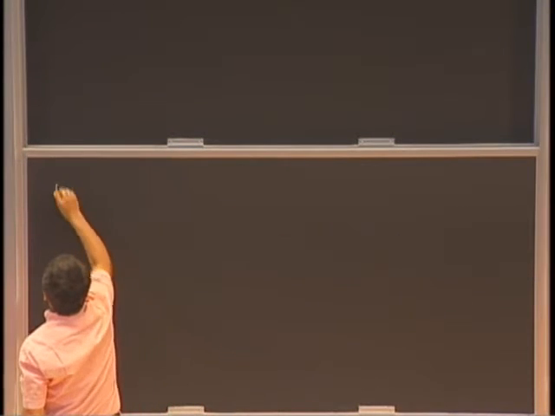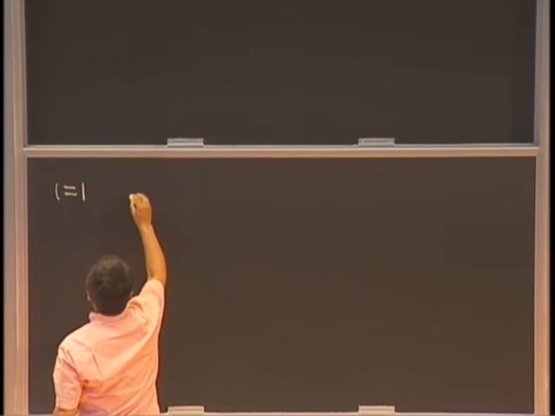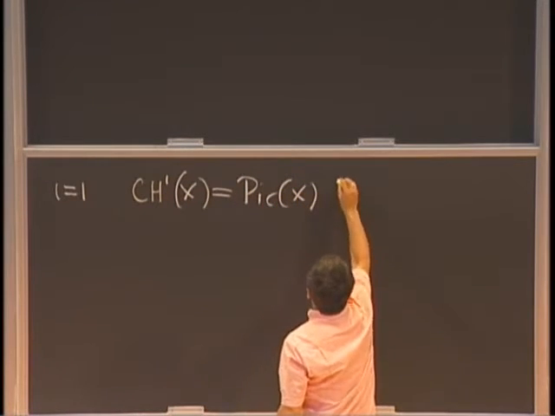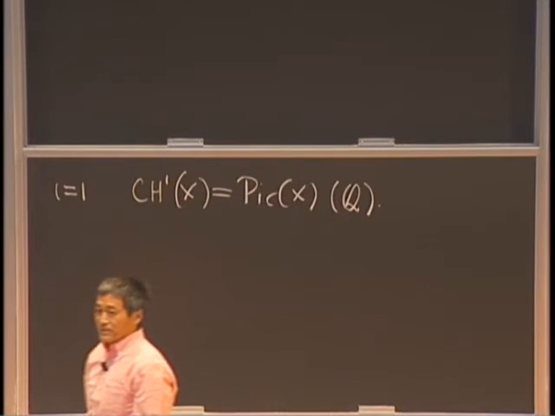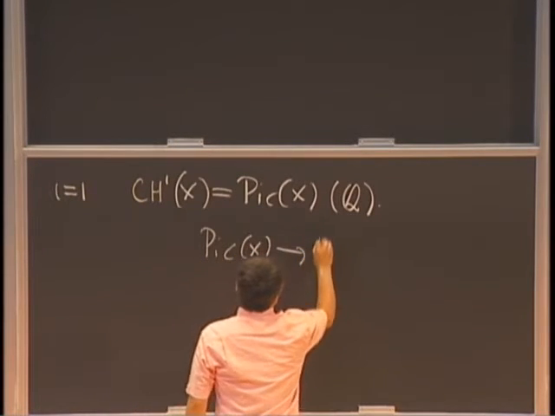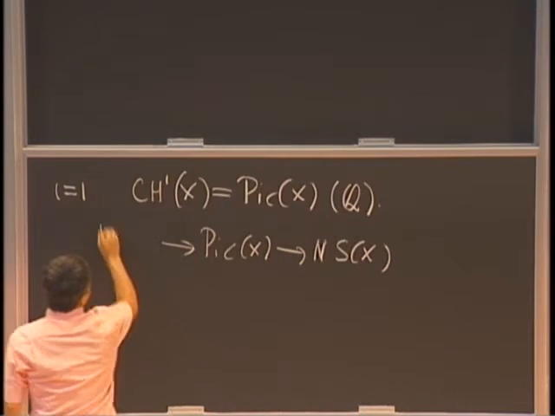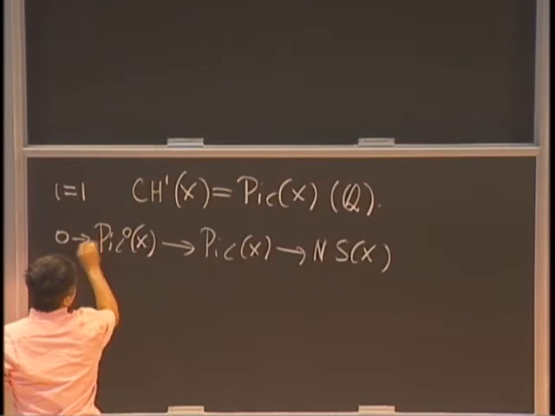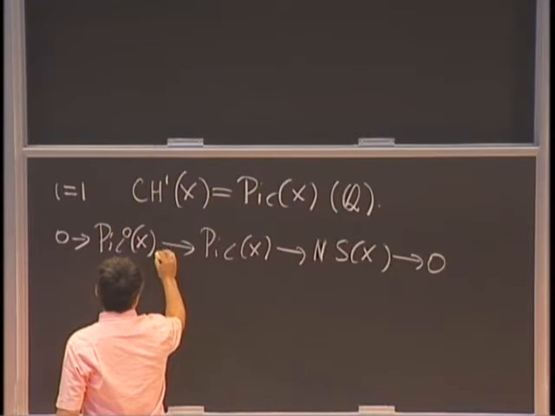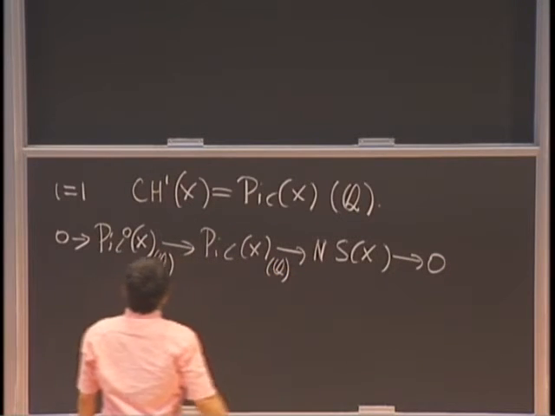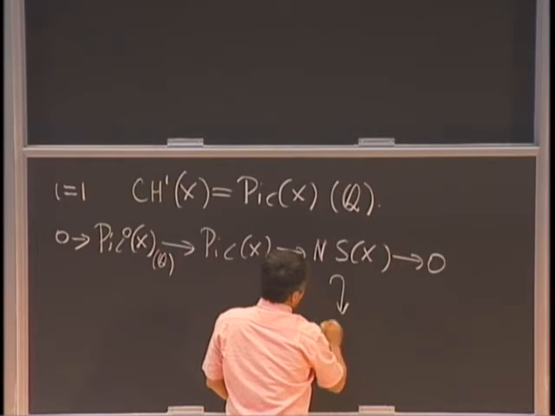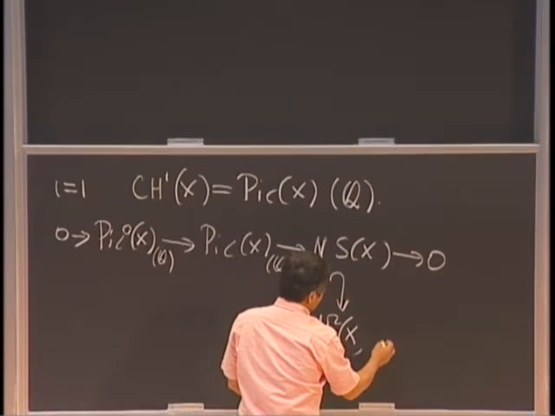When i equals 1, this is nothing new. This CH^1 of X is basically Pic of X over Q, the rational points. So this is indeed finitely generated by the Mordell-Weil theorem, because this one has two parts: Pic of X modulo the Néron-Severi group of X, then Pic^0 of X. This is finitely generated if you take rational points, and the Néron-Severi part is finitely generated because it can be embedded into H^2 of X for any cohomology you like.